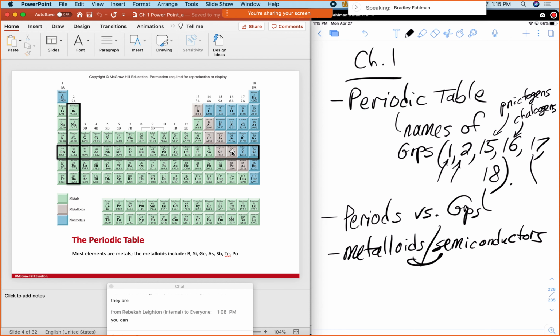Okay. What else about the periodic table? I guess realizing that these groups, so the lanthanides, fit right in here. Okay, so the atomic number, I guess that's the other thing.